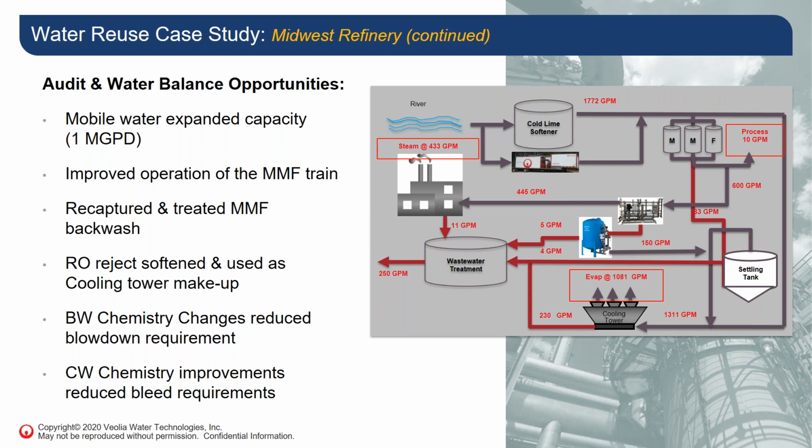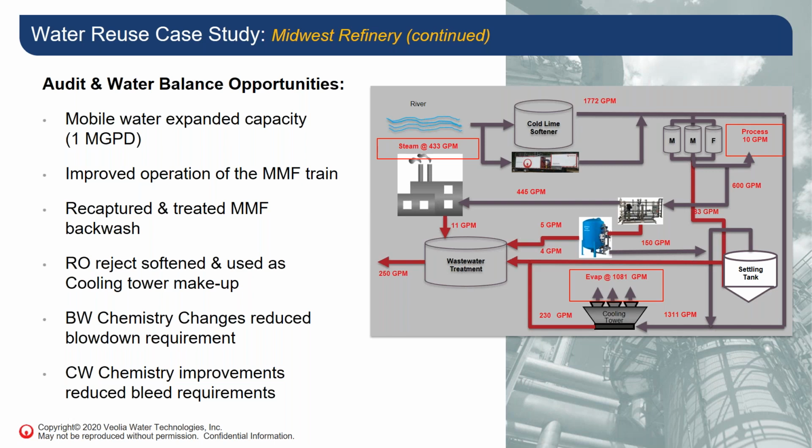Now, somewhat related to the multimedia filters, but downstream of the filter project, the filter backwash was still a very large flow. As you can see on the slide, 83 gallons per minute. A settling tank was installed to capture that backwash. After the settling of the backwash occurred, a lower TSS water was produced, and that was sent to the cooling tower as makeup.